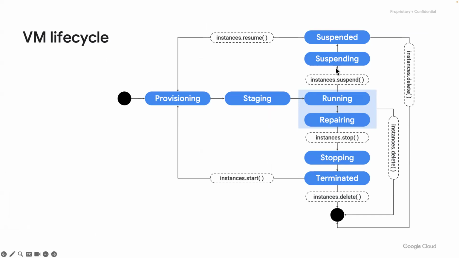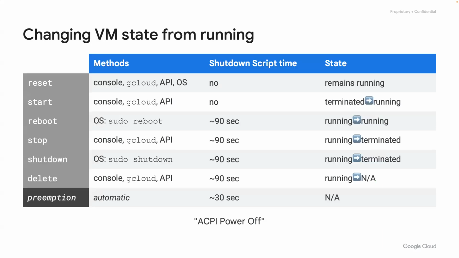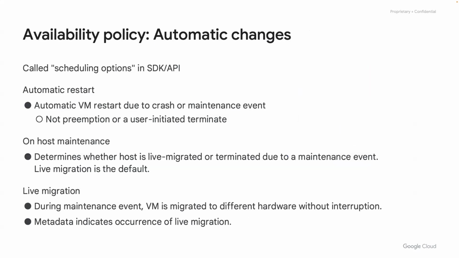Repairing and suspended are very rare cases, and we won't be keeping it in that state. These are the general stages, the life cycle of the VM: provisioning, staging, running, stopping. These are some commands, we will get to that later.